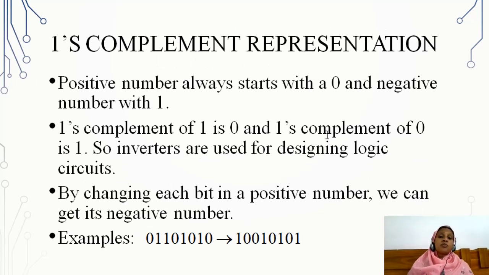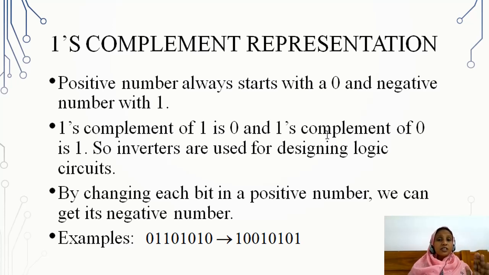So what is this one's complement? Positive numbers always start with 0 and negative numbers with 1. We already found that in the sign magnitude system, if the leftmost bit is 0, it is positive. If it is 1, it is negative.